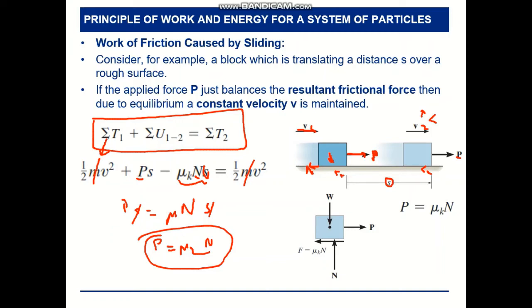If there is a spring force, we will need to add it. If we have potential energy, we need to add it on this side. Then we can solve all these work and energy problems. Let's jump to examples, and then we will understand better.